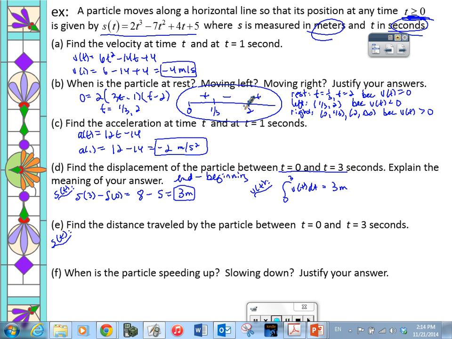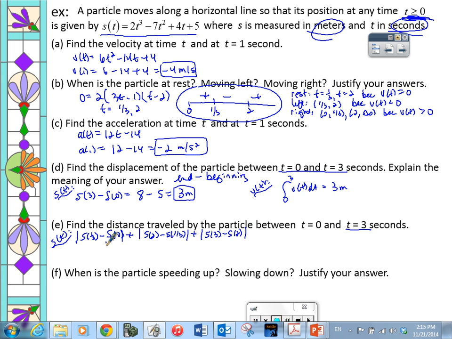So if I have the position, I would do the absolute value of s of 1/3 minus s of 0, plus the absolute value of s of 2 minus s of 1/3, plus the absolute value of, and we're going to 3 here, s of 3 minus s of 2.